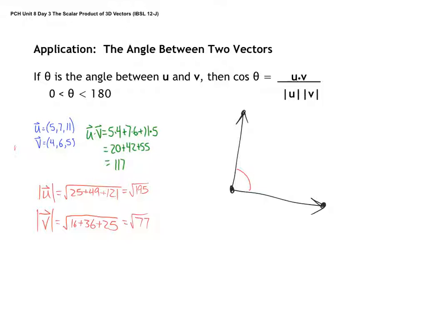So here, if this is our angle theta, we know that the cosine of theta is 117 over the magnitude, or the square root of 195 times the square root of 77. Same formula.